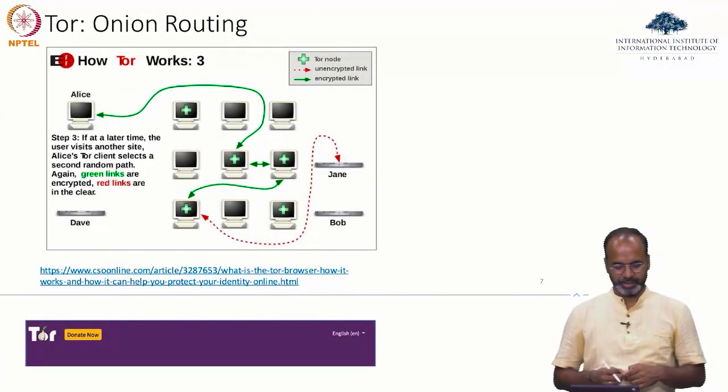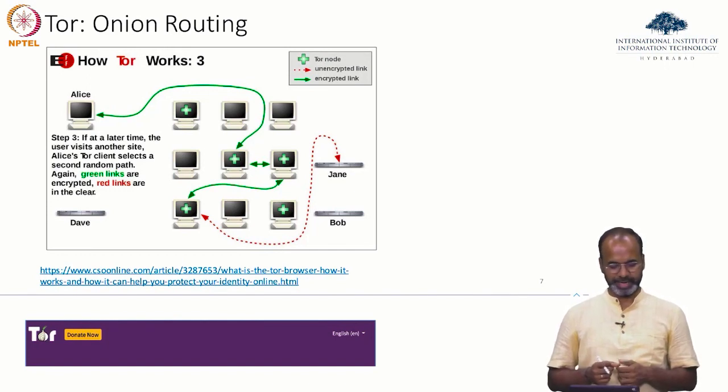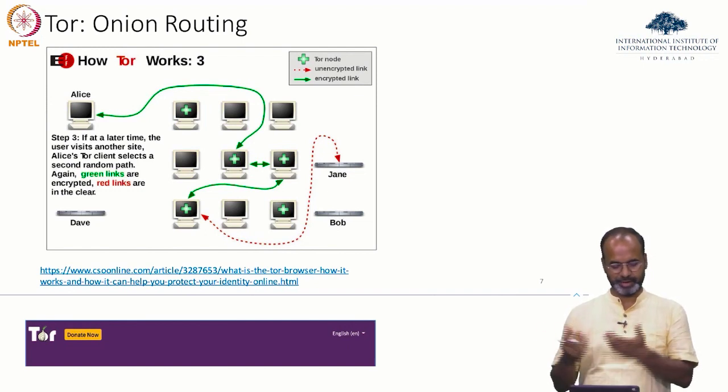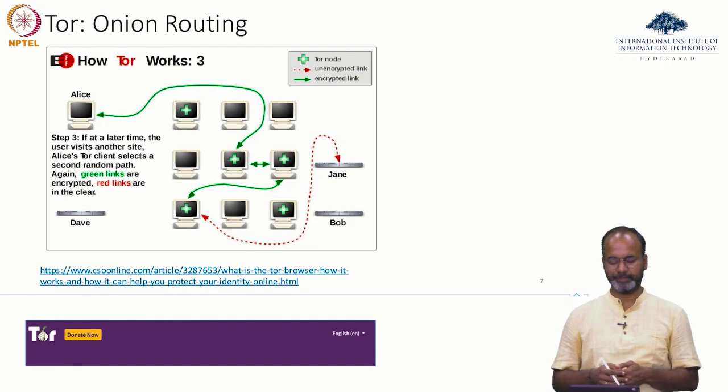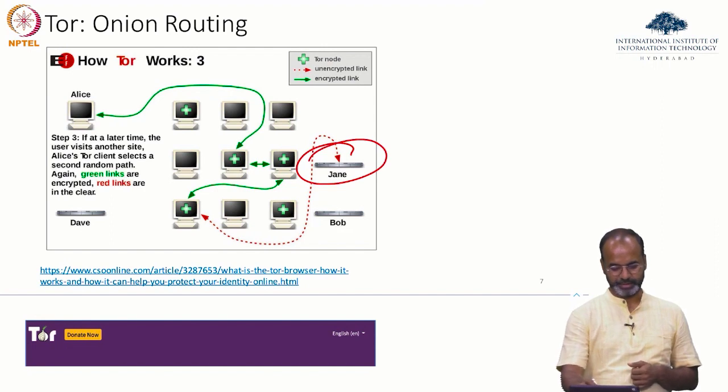Step 3: if at a later time the user visits another website, Alice's Tor client selects a second random path. Again, green links are encrypted and red links are in the clear. It wants to go to another site, which is this one again here.